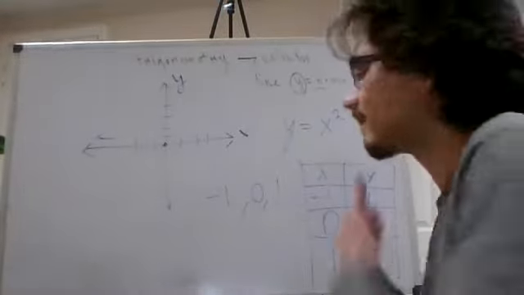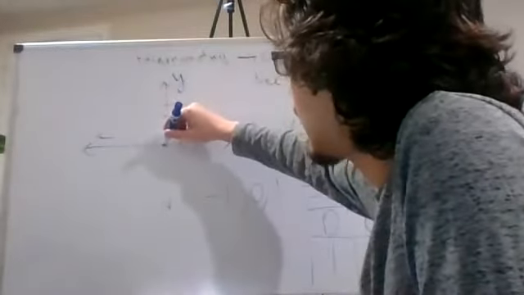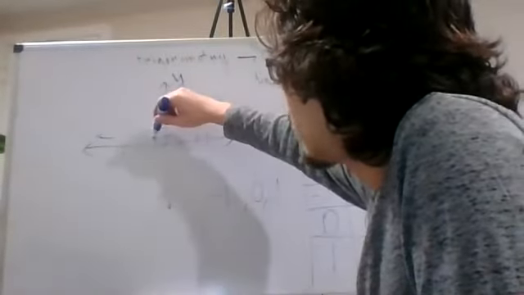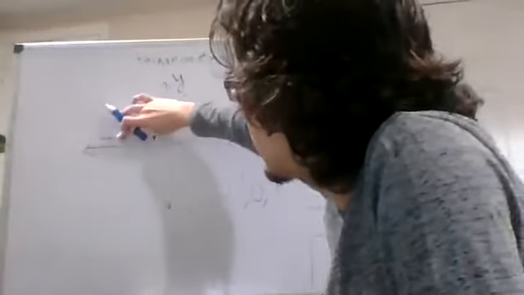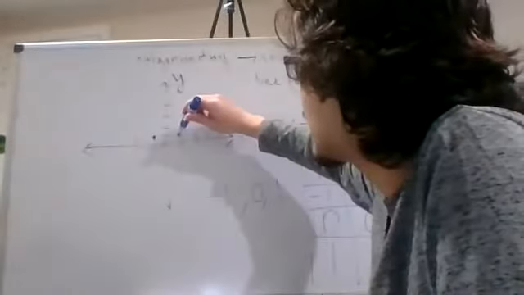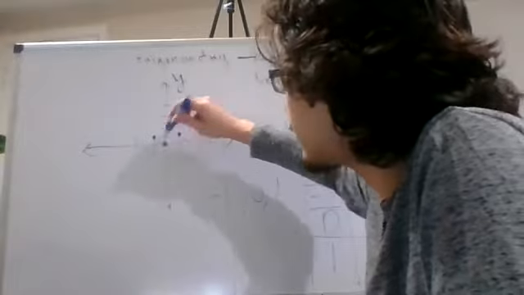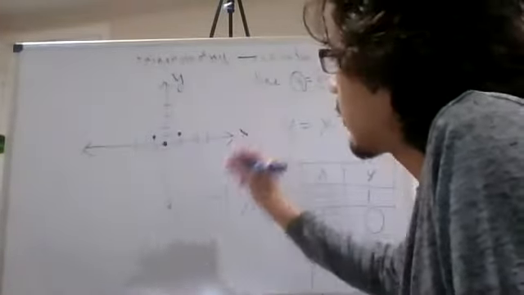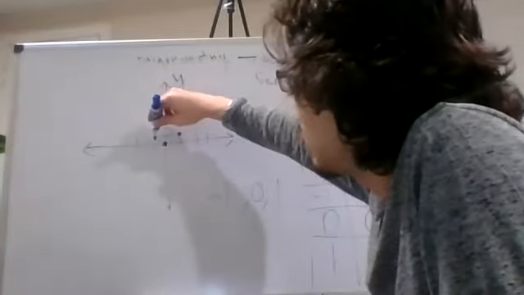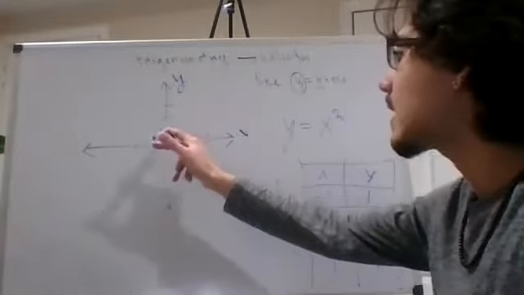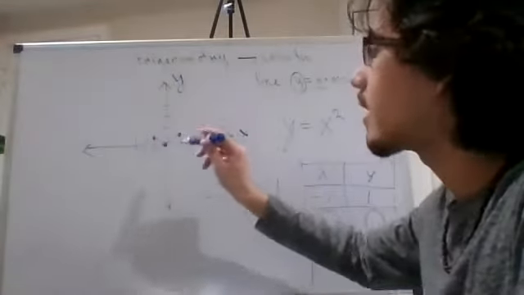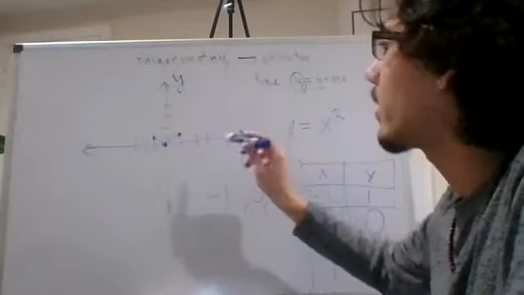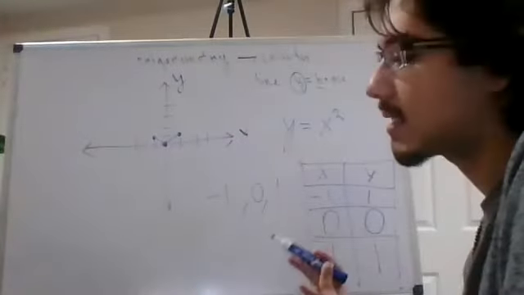Very good. So what this tells us is that we have a point here at the origin, a point here at -1, 1, and a point here at 1, 1. So if we use our points here, we can connect them with these little lines, and we can say this is what the function looks like for the points we have. Does that make sense?